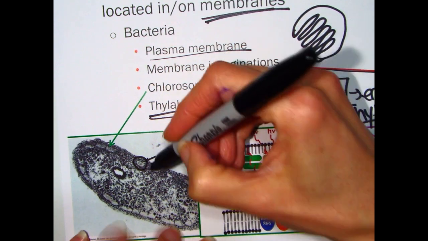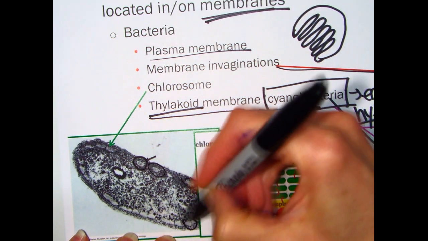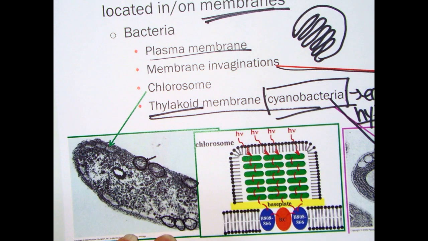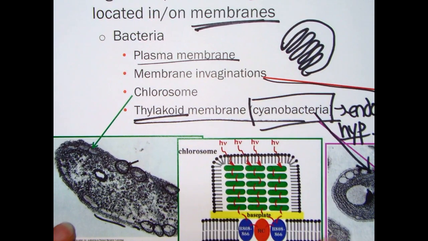So these oval things that are all the way around the inside of this bacterium, here's a bunch of them right here, are the chlorosomes. Sometimes there is a membrane around them, sometimes there is not. Sometimes there are proteins, sometimes there are not. But chlorosomes are these oval or rectangular collections of pigments immediately under the membrane in some bacteria.